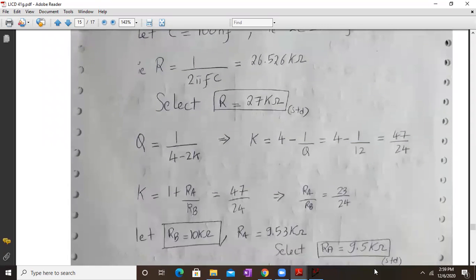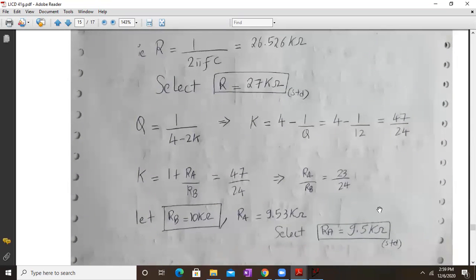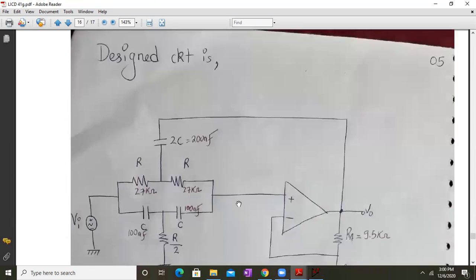So the formula of Q is given by 1 upon 4 minus 2K. We can find the value of K from here. So 4 minus 2K will be equal to 1 upon Q. Actually, the whole should be divided by 2, but that's fine.